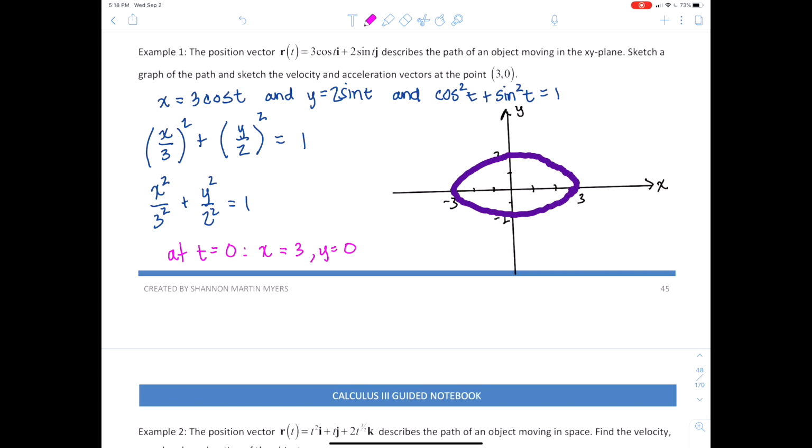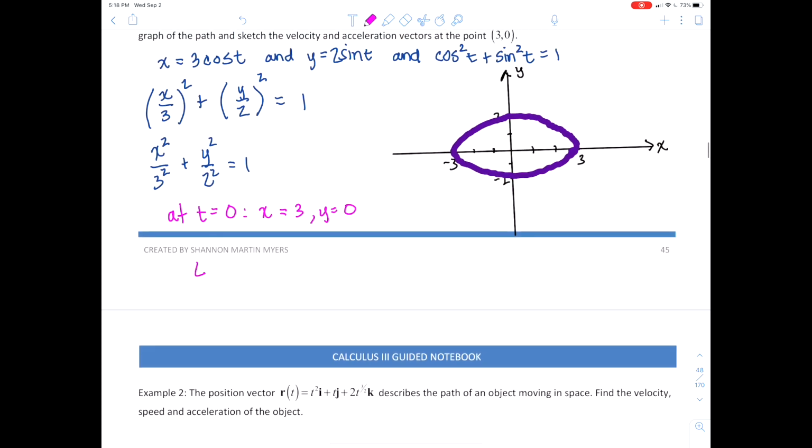Now, how about at t equal to pi over 2? x is now going to zero out, right? And y is going to be 2. So we know that it's moving in this direction. And it's going to complete one revolution in 2 pi. Make sense?